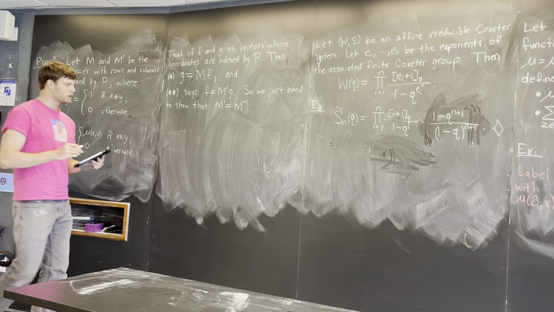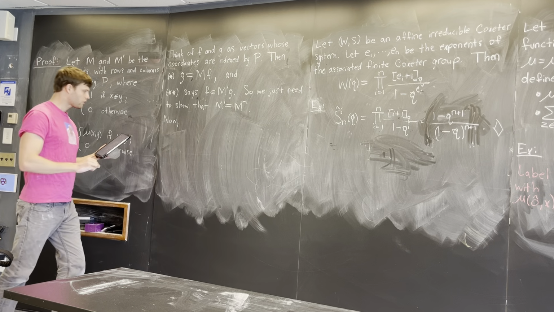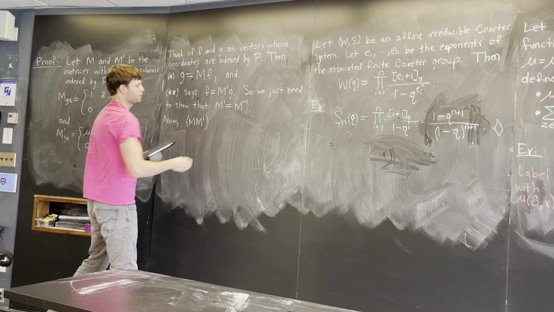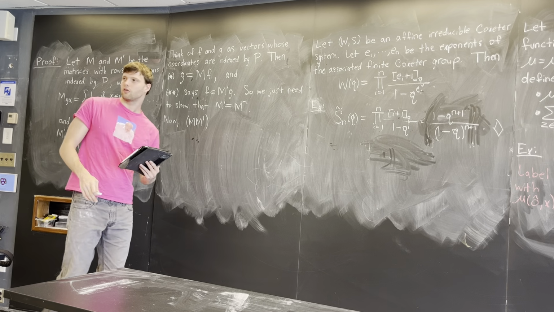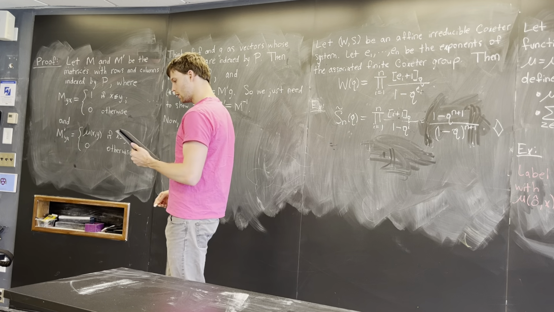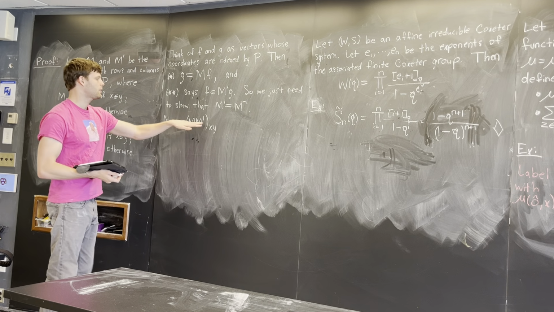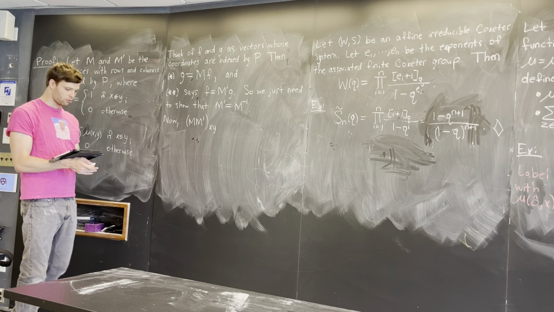Well, this is not that hard to do. So we just say, if I take M times M prime, I'm wanting to show that this is the identity matrix. So what is M times M prime? Well, let's look at the entry of this matrix M times M prime in the row indexed by x and the column indexed by y.